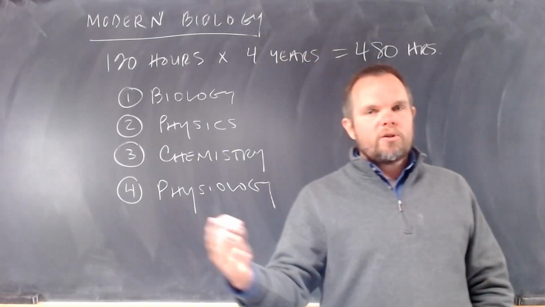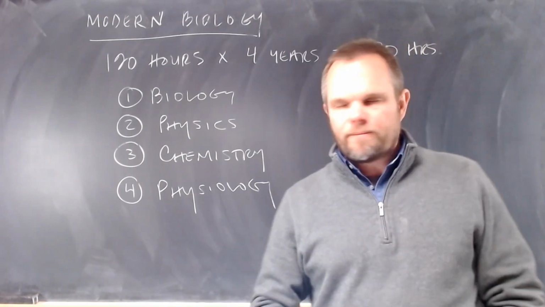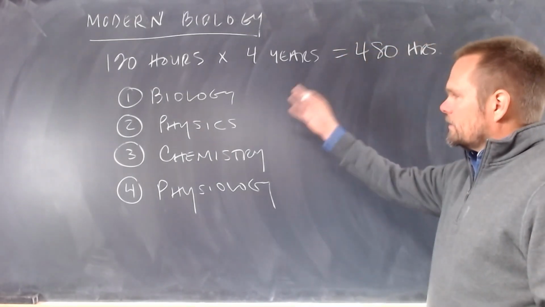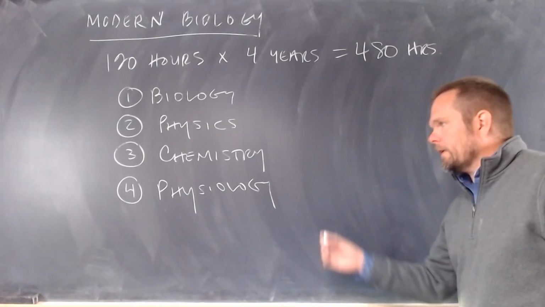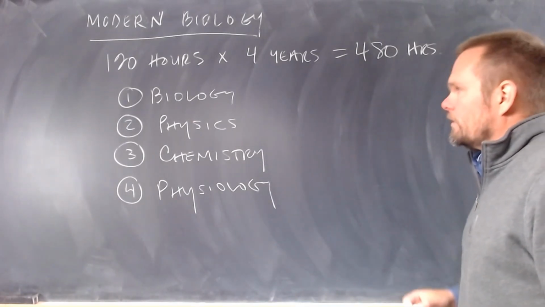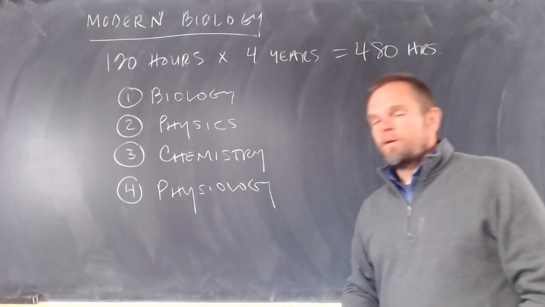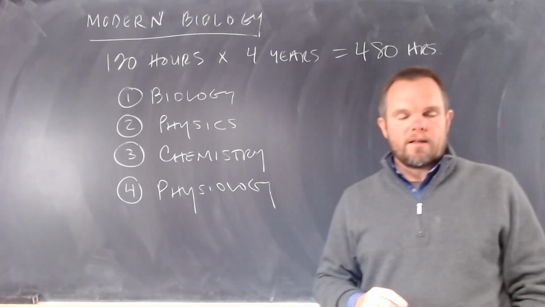Because as you enter adulthood, you should know how your own bodies work. So a solid college preparatory natural science program would look something like this: biology, physics, chemistry, and a 4th study in a subject like physiology.